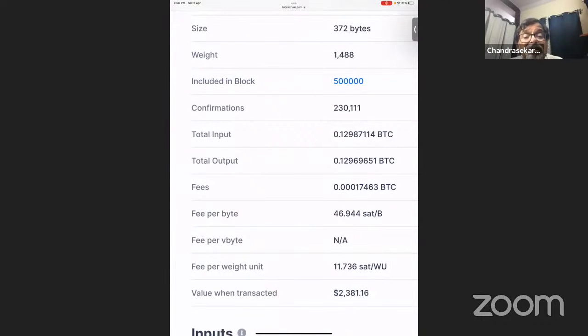Under fee, you can see that 0.0017463 Bitcoins is the fee. That's the fee per byte and all those things are there. Right? Value when transacted, $2,381. Okay. That's aside. So what is important is you can see that total input minus total output is the fee.